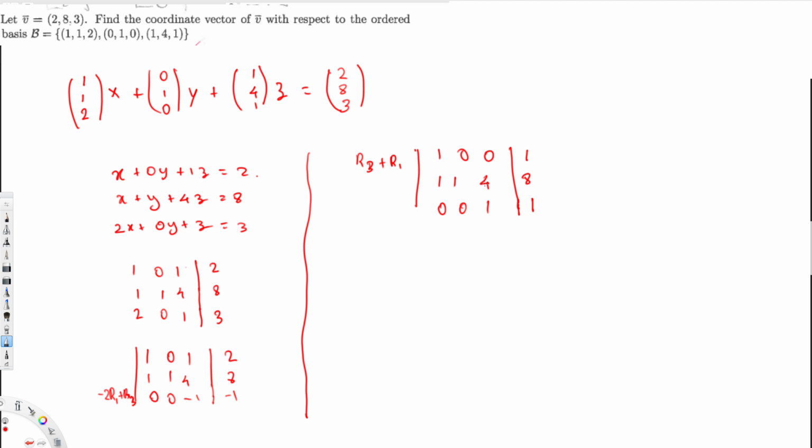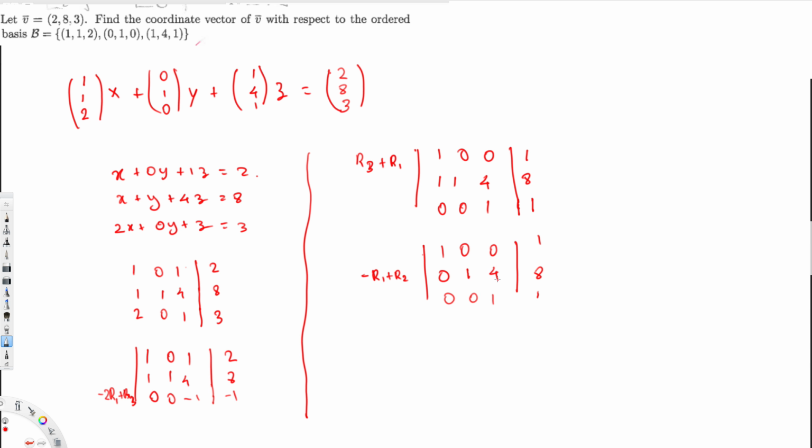I can eliminate the second column by multiplying the first equation by -1 and adding it to the second equation. So it's going to become 1 0 0 1, and if I multiply the first equation by -1 and add it to the second equation, this will become 0. Then the second one is going to be 1, and the last one is 4. Then we have 0 0 1 1.